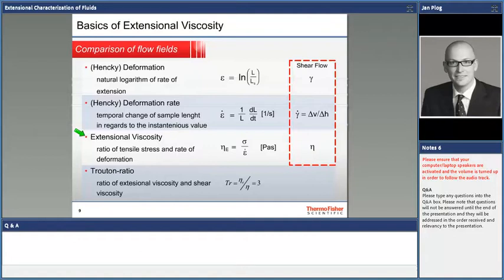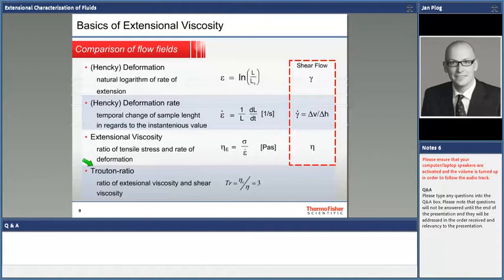And you will see that the extensional viscosity, eta E with index E, is very different to the shear viscosity eta. For purely Newtonian fluids, and I'm going to show you plots later on, the extensional viscosity is, in comparison to the shear viscosity, just 3 times the value. This value comes from the so-called Trouton ratio or Trouton number, deriving directly from the pure stress tensor for a shear flow field and extensional flow field.